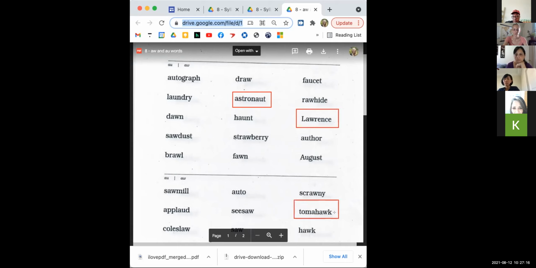Tomahawk. Here we say strawberry. Thank you. This word is coleslaw.